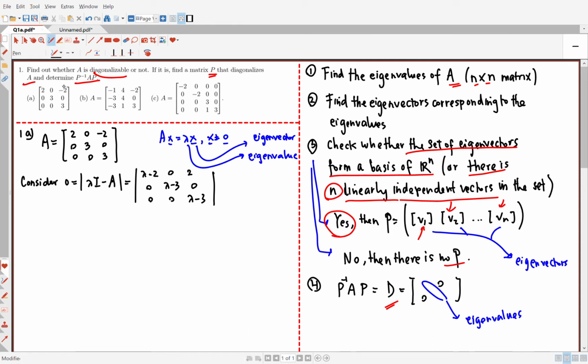We see that this is actually a triangular matrix, so the determinant of this is just the product of the diagonal entries. So I have lambda minus 2 times lambda minus 3 squared. So we have lambda equal to 2 or lambda equal to 3, and these are my eigenvalues.